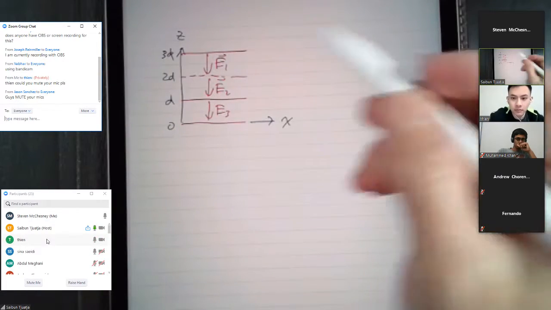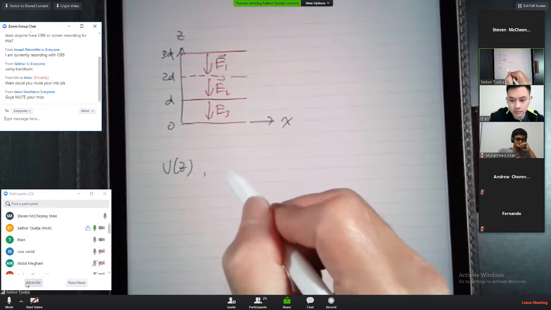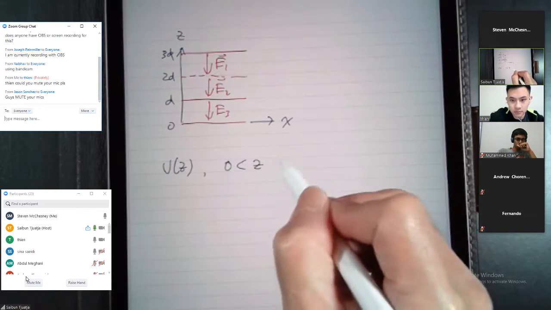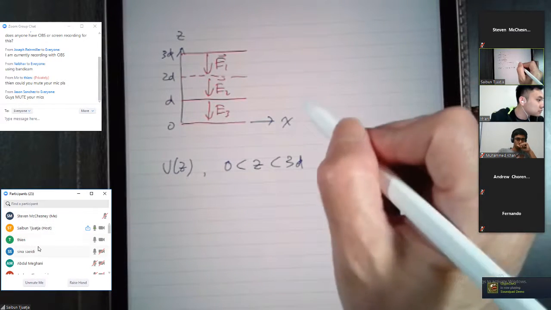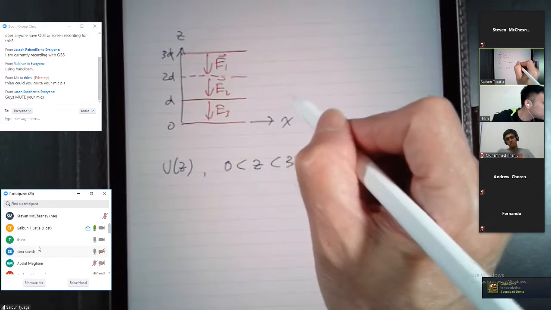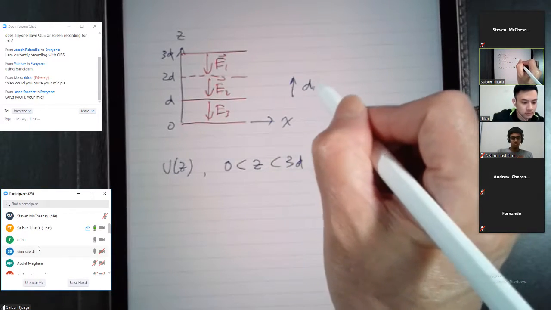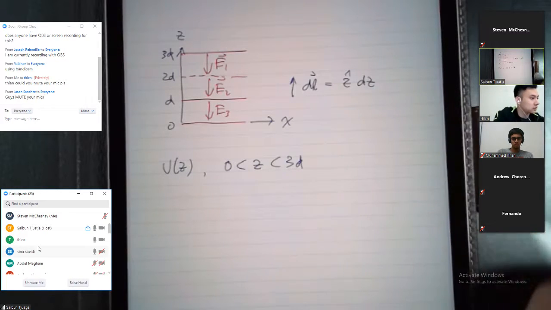So we want to solve for V of Z, where Z is between 0 and 3d, right? So we want to integrate over Z. Our dl is equal to z hat dz, right?